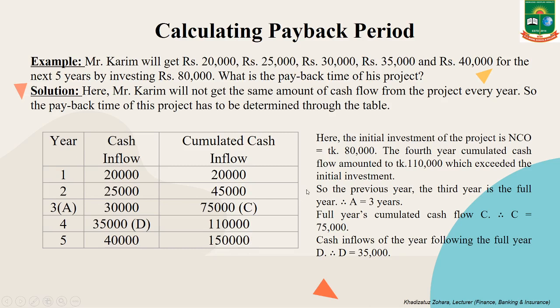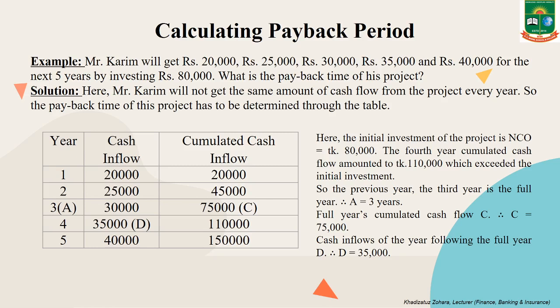Here the initial investment of the project is taka 80,000, and we are seeing that the column of cumulative cash inflow is 20, 45,000, 75,000, 1 lakh 10,000 and 1 lakh 50,000. There is no 80,000. So none of the cumulative cash inflow equals initial investment. But we are seeing that 75,000 is slightly less than the 80,000.